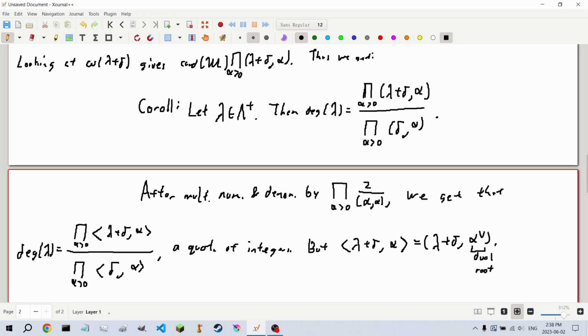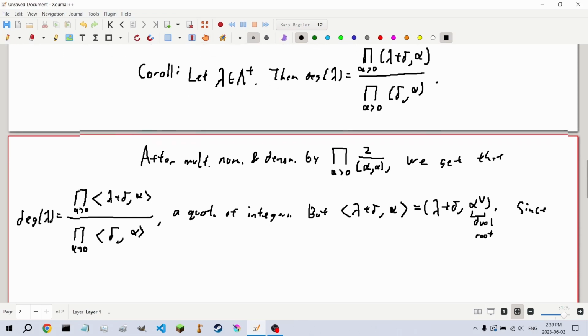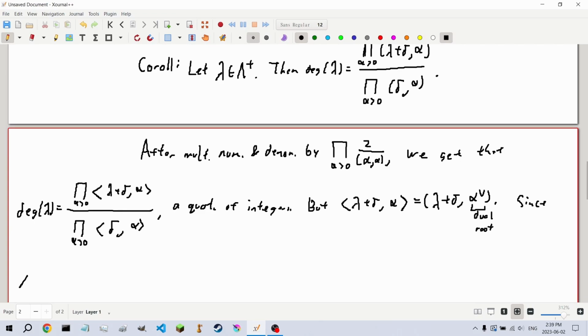Now, since the dual of a base is a base of the dual of our root system, we can write the dual of our root as the sum of c_i alpha times alpha_i dual from our base.